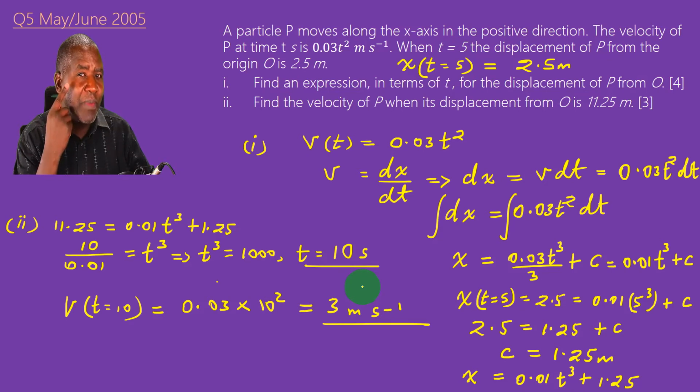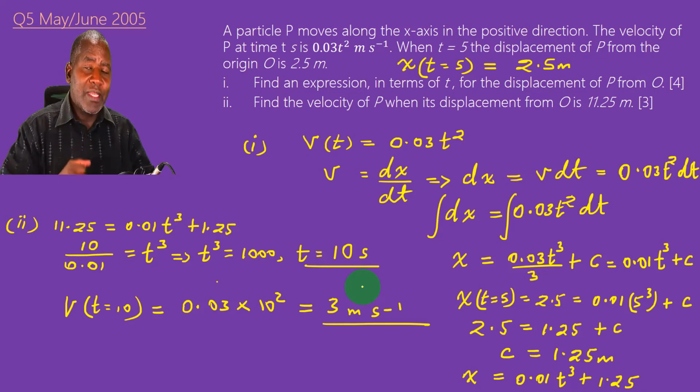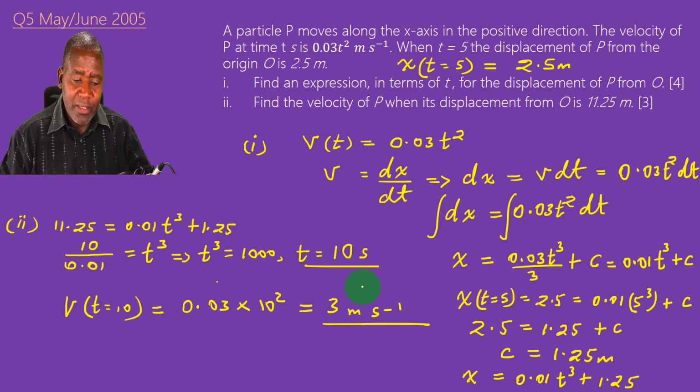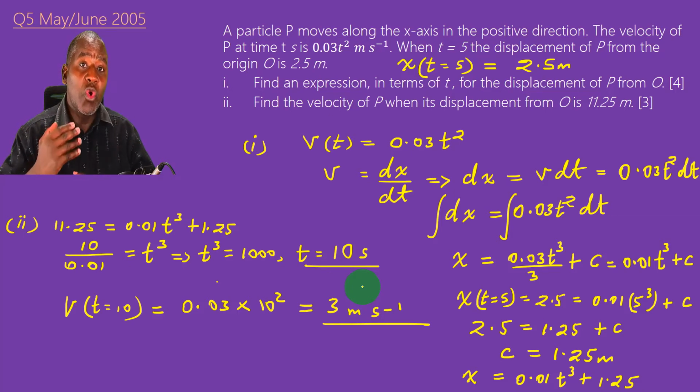I've got to form a pattern. And this is what you get by diligently doing these questions when you're not in a hurry, when you are trying to look at why you do what you do, rather than just doing things in a hurry where sometimes you don't even know why you are doing what you are doing.